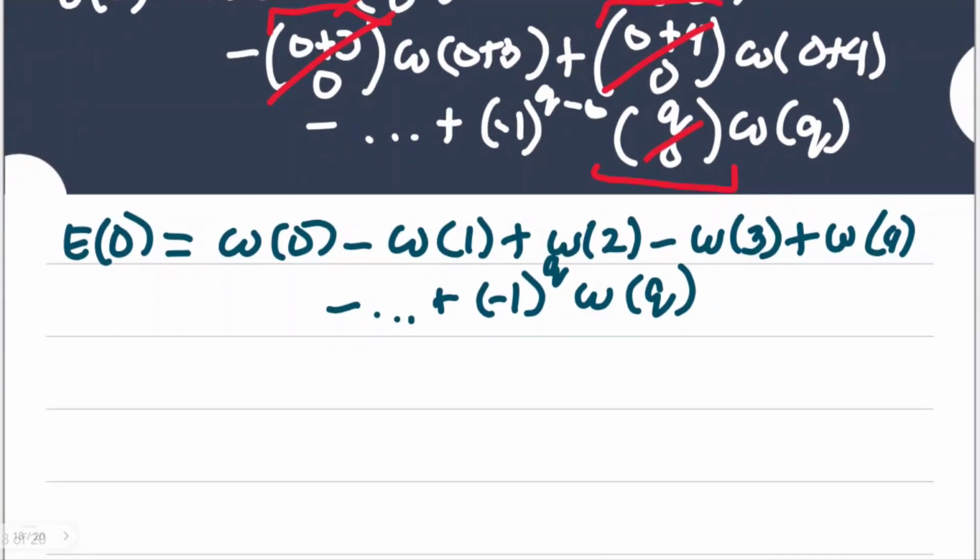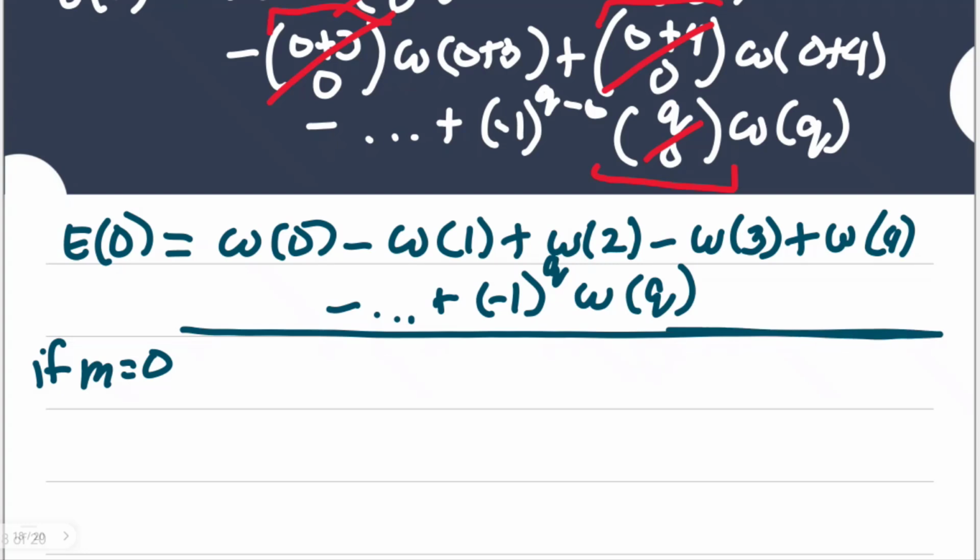What does this imply now? If our m is equal to 0, we simply need to operate all of this. Again, we are going to take the sum over all those elements having property 0, property 1, property 2, property 3, until the q property here.